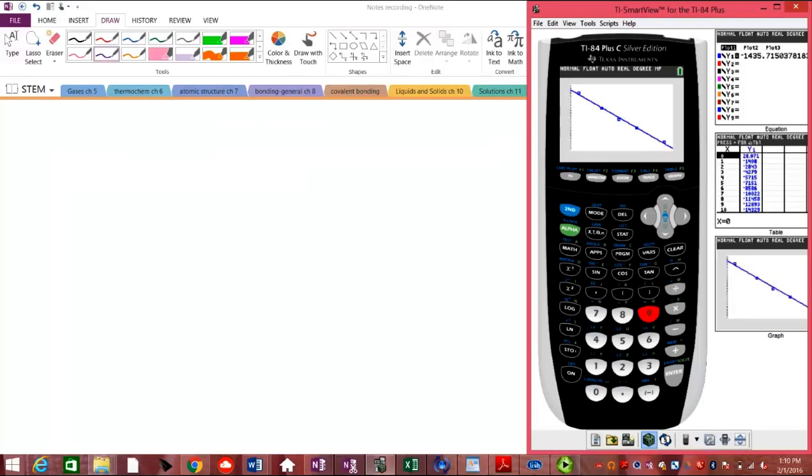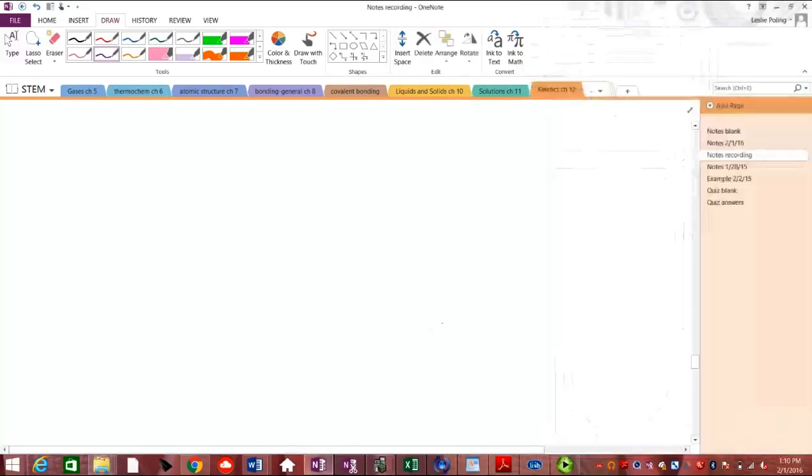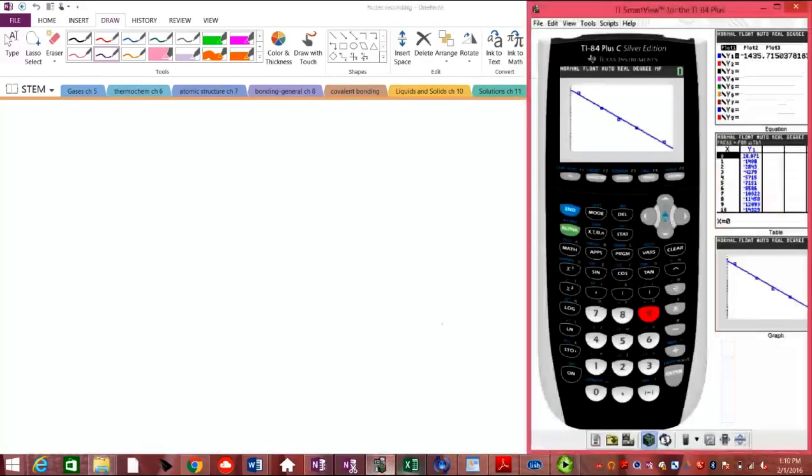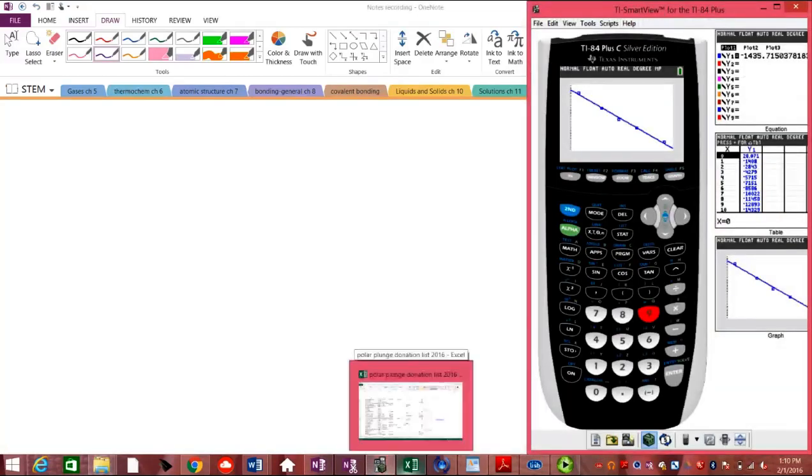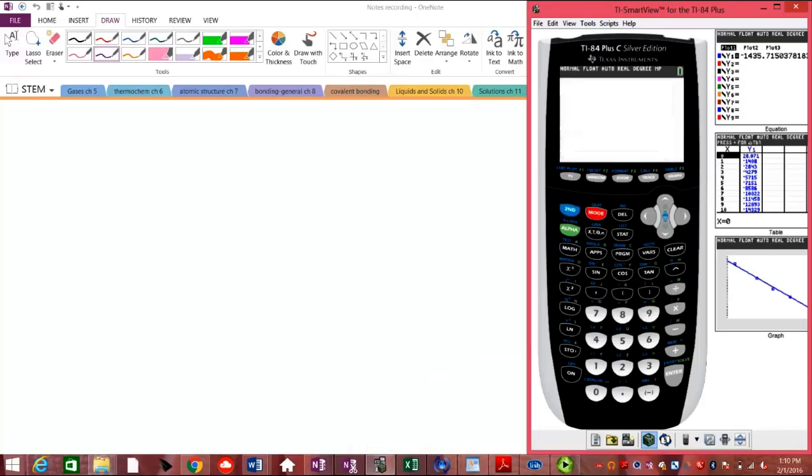Okay? But remember what we needed. Notes disappeared. All right. Remember what we need is the slope. So in order to see the slope, quit our graph. And we need to see that linear regression calculation we did.